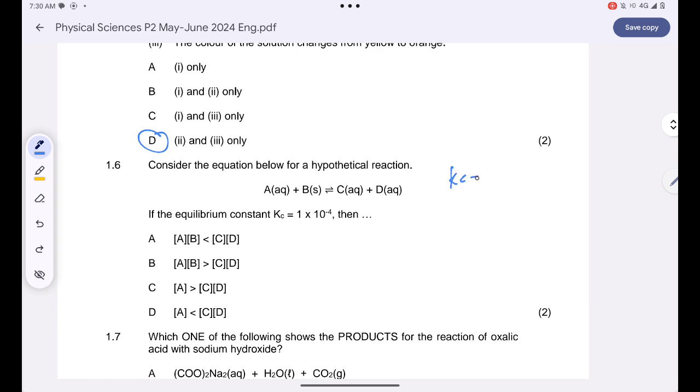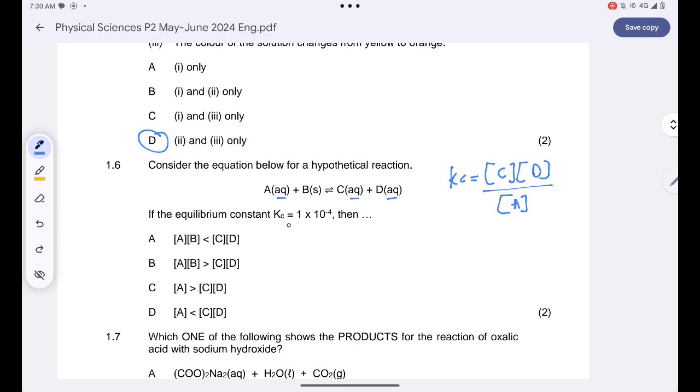So Kc is equal to the concentration of the products divided by the concentration of the reactants. And whenever, guys, we deal with Kc, we only include aqueous solutions and gases. Are you together? Solids and liquids are not included.